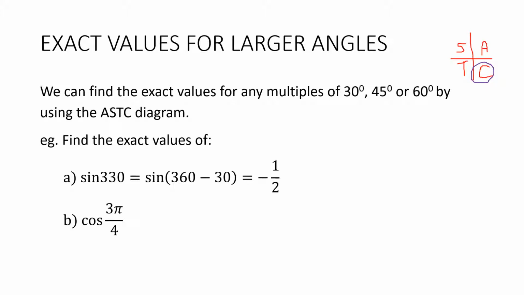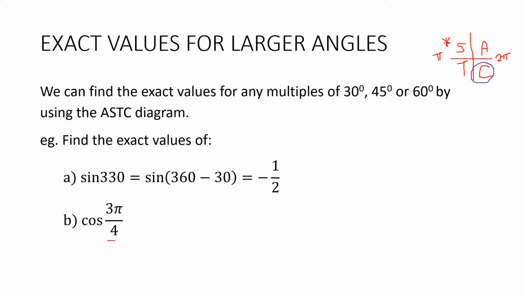Here's another one. This time in radians: cos 3 pi on 4. Okay, so let's think about where that is. Now, it's a little bit more tricky to figure this out in radians, but this is pi over here, and this is 2 pi up here, and 3 pi on 4 is less than pi, so it's going to be up in here.